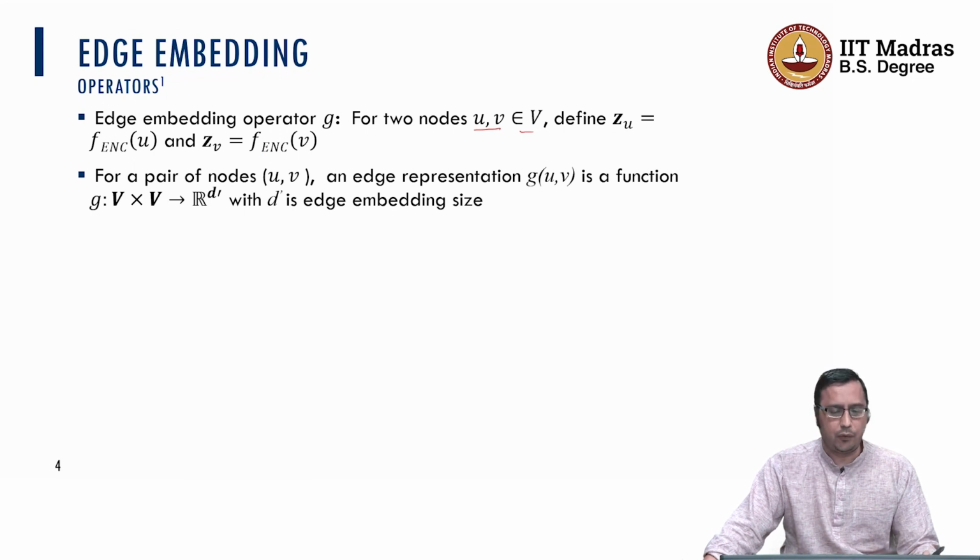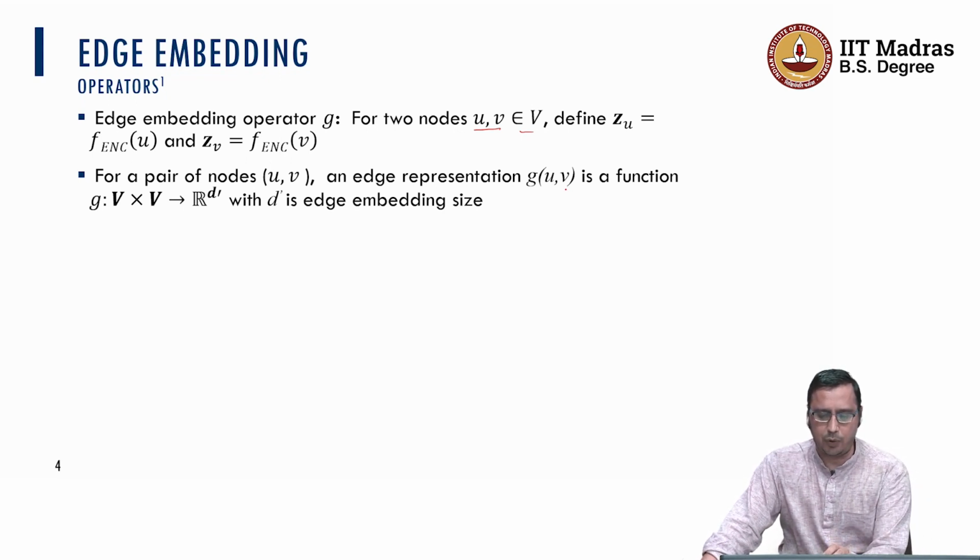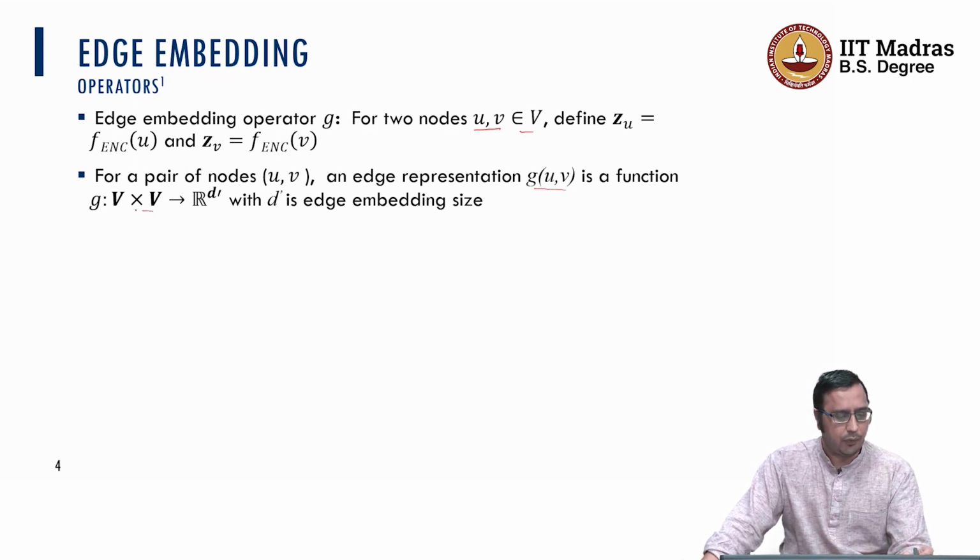Now for each pair of nodes U and V, we can define an edge representation, which is our operator G, operating on both nodes U and V. It is a function which moves from V cross V, which is all pairs of nodes, which is technically the edge set, but this function will operate on all the nodes and creates an embedding in R^{D'}, an embedding vector of D' dimension.